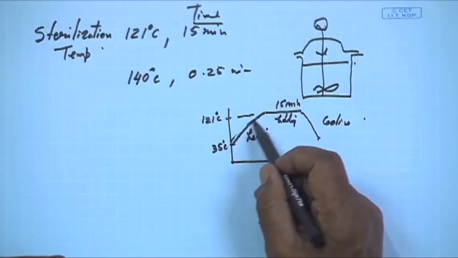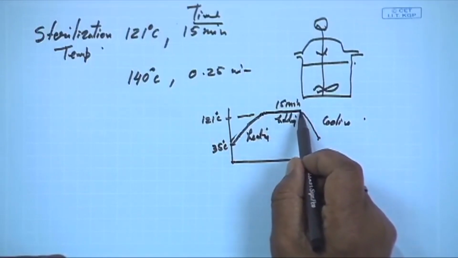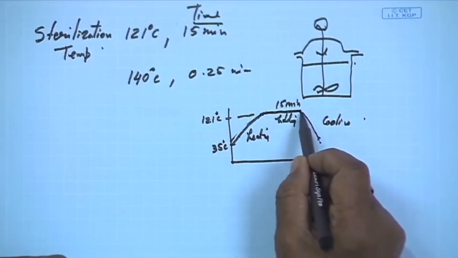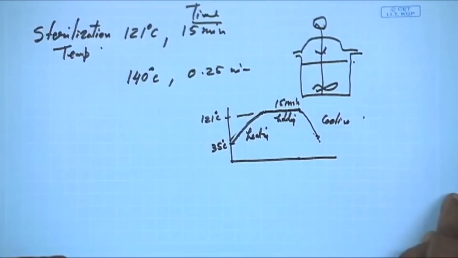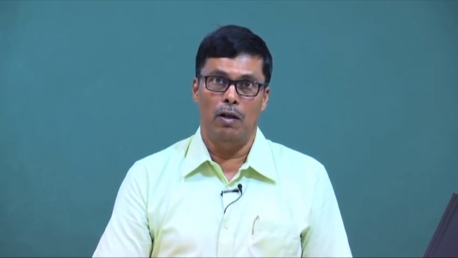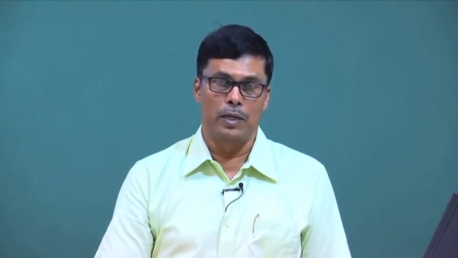There will be death of the organism during heating, during holding the temperature, and during cooling. So the total sterility is a combination of all three: heating, holding and cooling. That is the total effect we have.